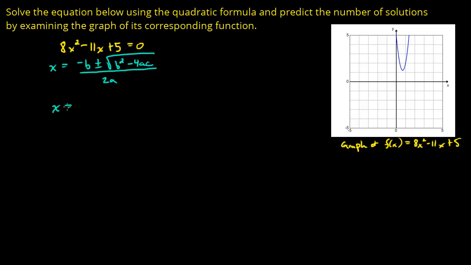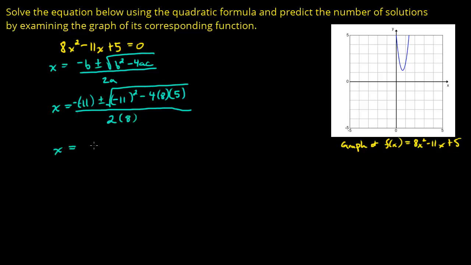So we get that x is equal to negative minus 11, plus or minus the square root of minus 11 squared minus 4 times a. A is 8 times c, which is positive 5, all square rooted, all divided by 2a, which is 8. So all divided by 2 times 8.